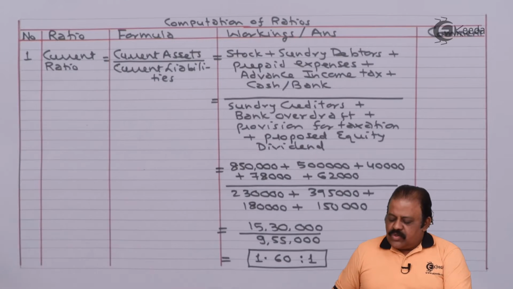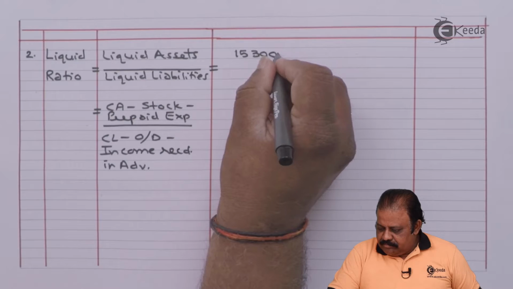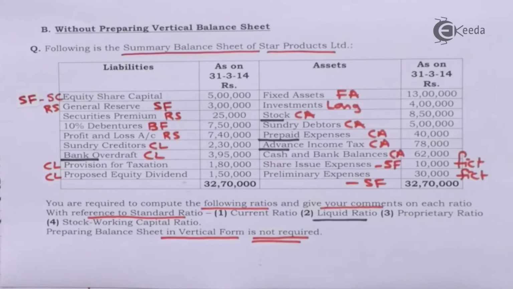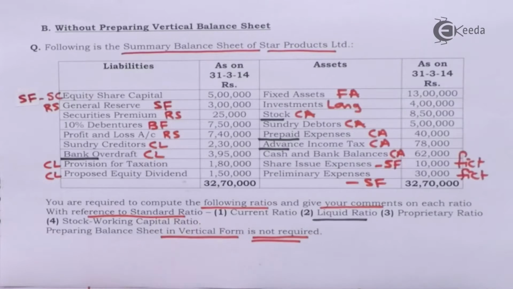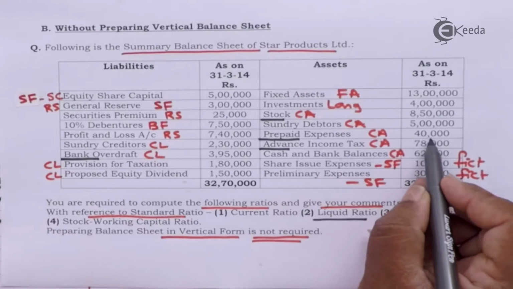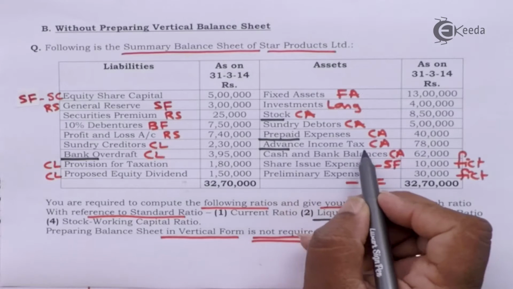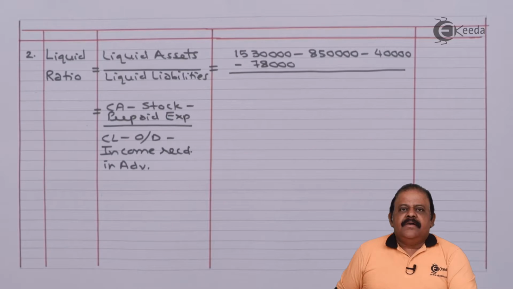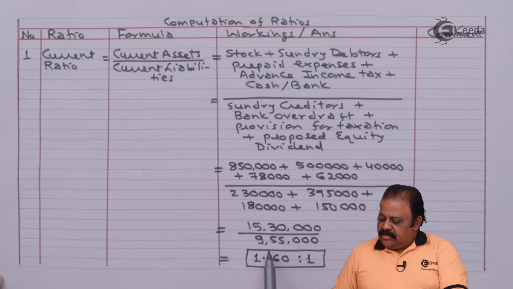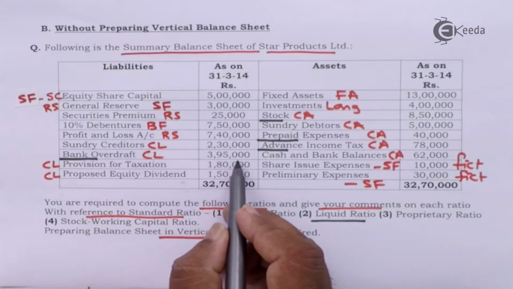While calculating current ratio, we have calculated total current assets 15 lakh 30,000 minus stock 8 lakh 50,000 minus prepaid expenses 40,000 minus advance income tax 78,000, divided by total current liabilities 9 lakh 55,000 minus bank overdraft 3 lakh 95,000.